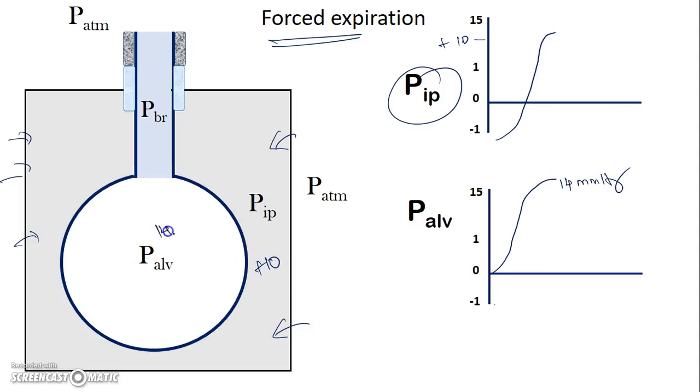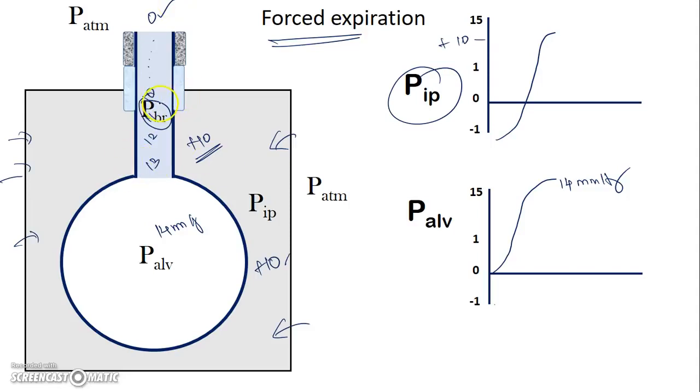So here it is 14 millimeter of mercury, here it is plus 10, which is the intrapleural pressure, and here it is 0. Now this pressure gradient is going to cause the movement of air, and the pressure is going to increase in the airways, but it gradually, linearly decreases till the mouth. For example, here it is 14, then it is going to become 13, 12, 11, 10, and so on. So gradually it will decrease and become 0.